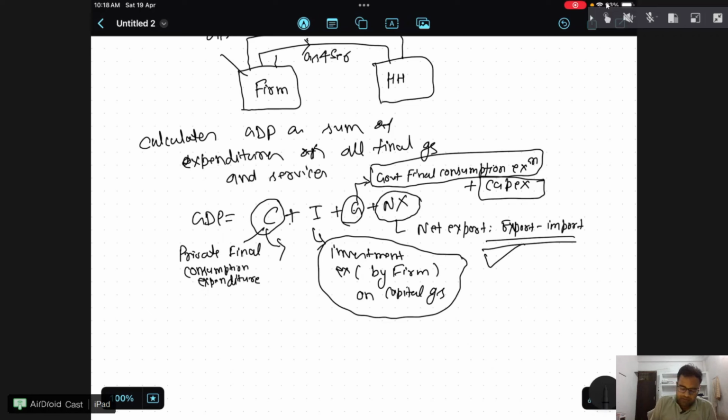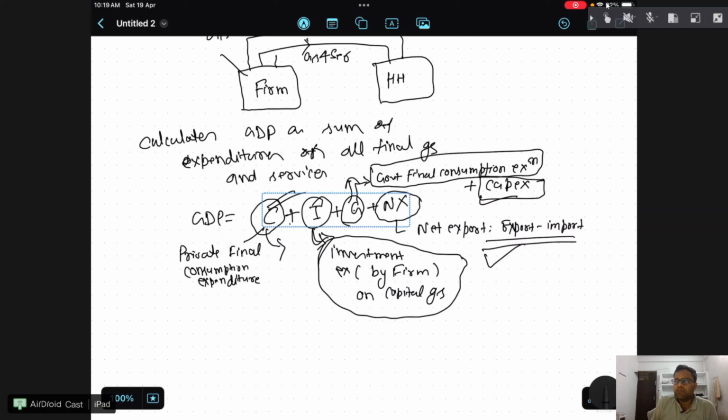So again, the first type is expenditure made by households on the final goods and services coming from firms. The second type is expenditure made by the government on final goods and services, first in order to consume those goods and services, and second, the capital expenditure made by the government on those goods and services. The third one is the investment expenditure made by firms on final goods and services.